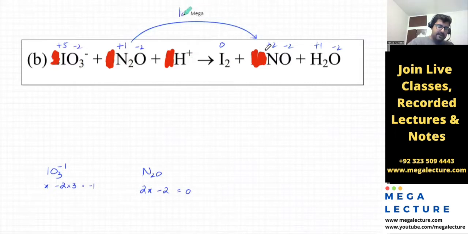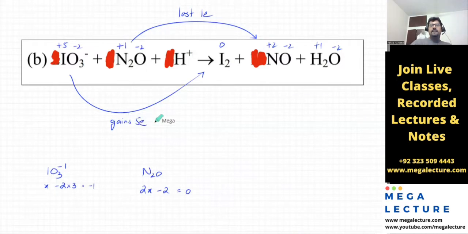Lost, got oxidized, right? Lost 1 electron. And what happened to I? +5 to 0, so that's reduction, right? Gain of electrons, that's gain of 5 electrons. So that one gains 5 electrons.